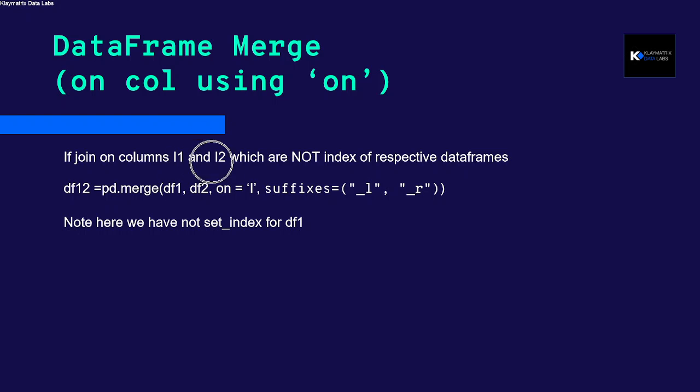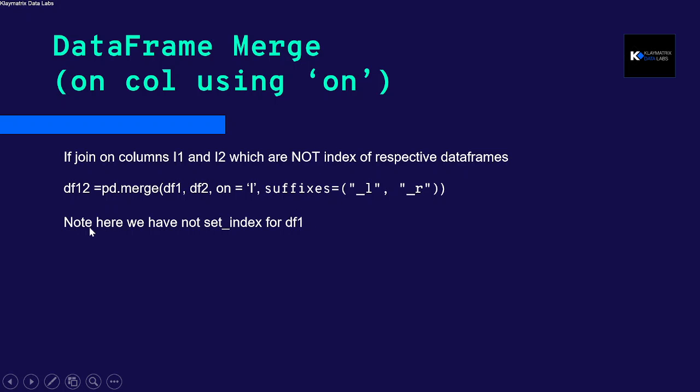So if I1 and I2 were columns which are indices of two different data frames, then we would find it easier to use the join because it kind of uncomplicates a few things of merge, right? But otherwise, we will use merge. Like in this example, I'm creating a new data frame df12 by using pd.merge data frame 1, data frame 2 on this specific column and then providing suffixes.